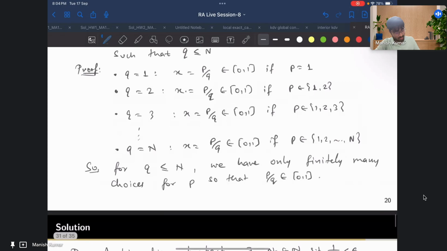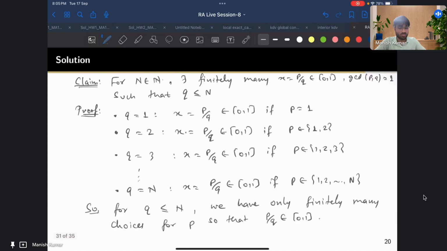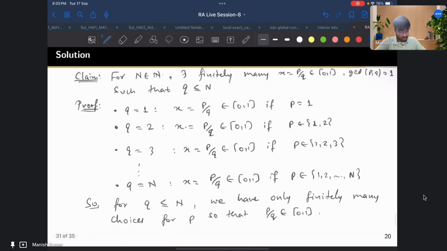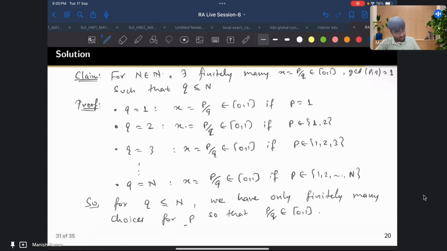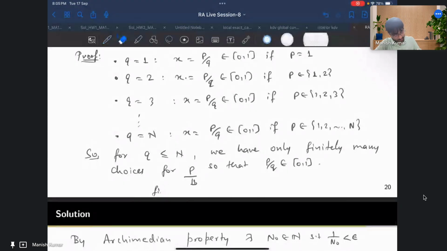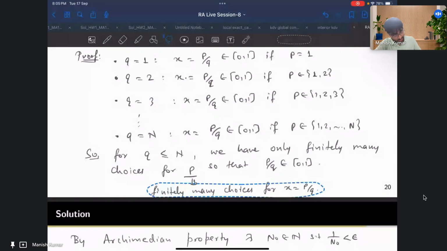And this proves what we wanted to prove. Finitely many choices for p means finitely many choices for x. So this proves the claim.